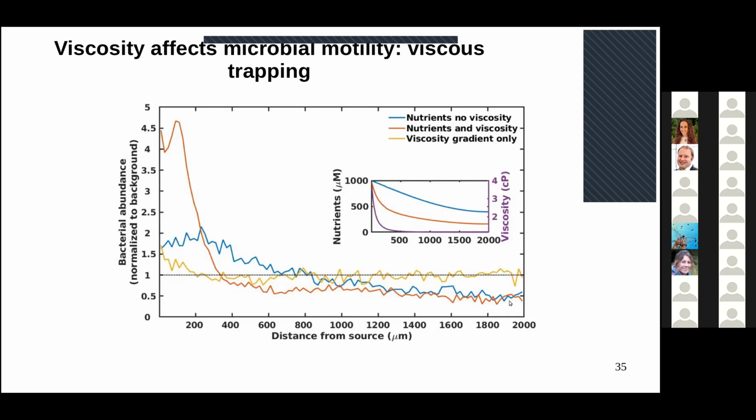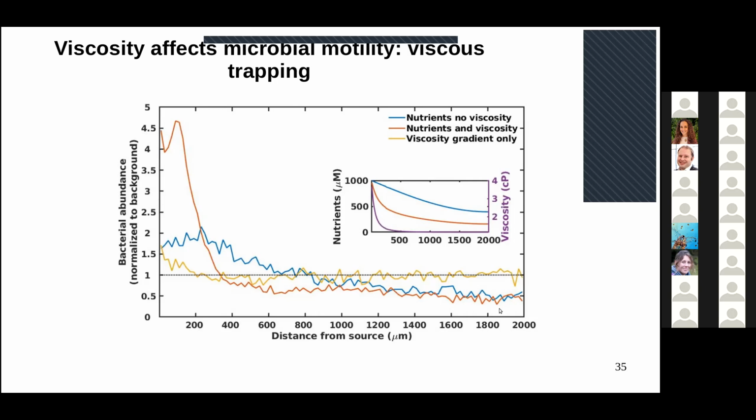And that was relatively quick. Within 5 to 10 minutes, you could see an effect here. When you added viscosity, if only because the nutrient gradient was steeper, the effect was much larger. So you can see here how dramatic this could be.